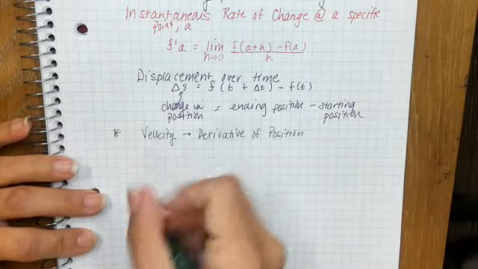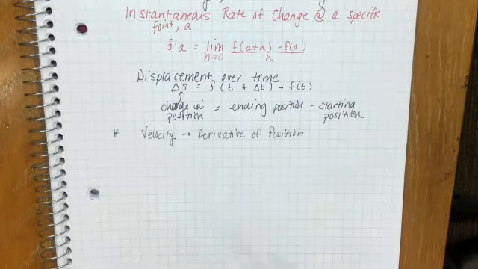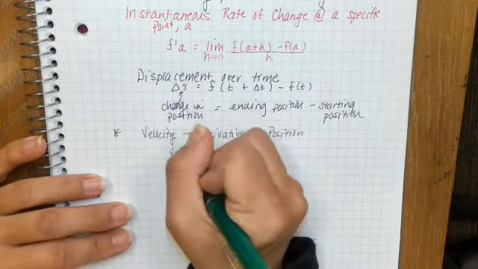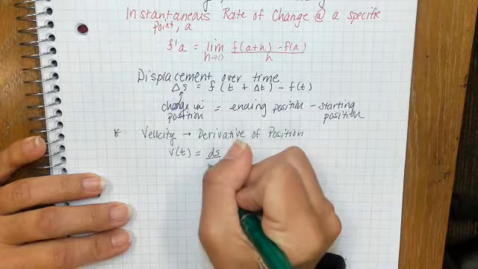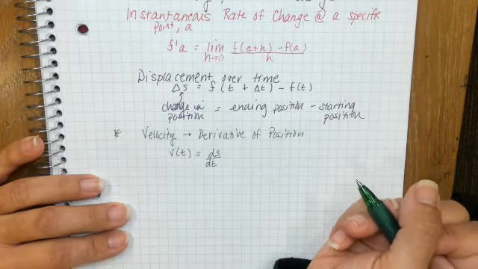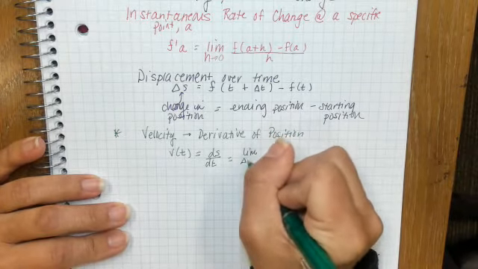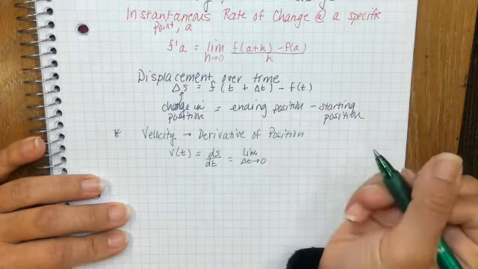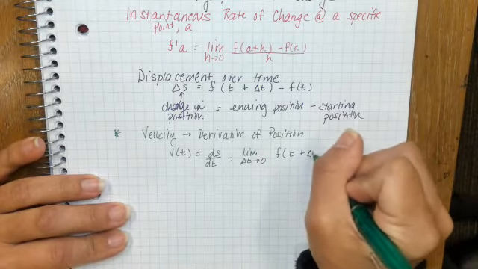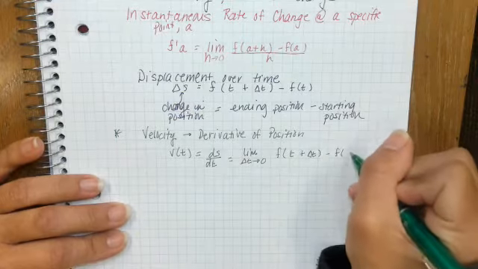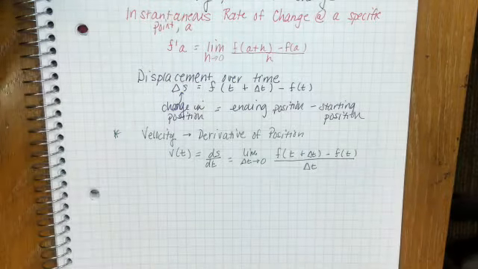So the change of position, which is delta S, known as velocity, is the derivative of the position with respect to time, which is the limit as delta t approaches 0 of f of t plus delta t minus f of t, all over delta t.